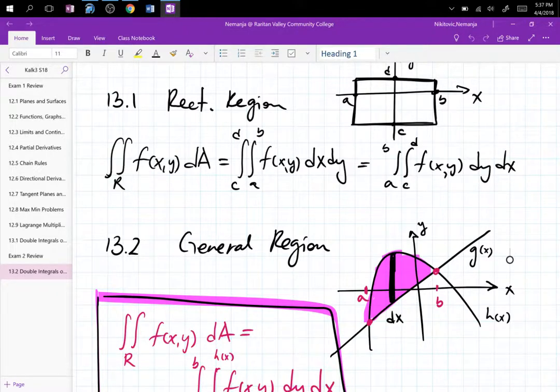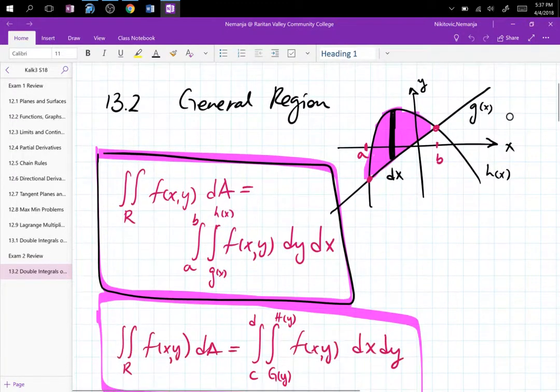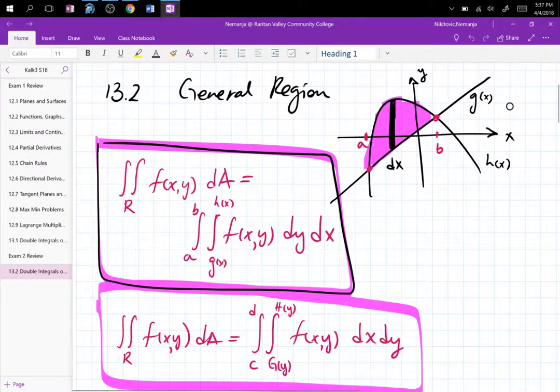Rectangular regions had all constants in the limits of integration, and now our general region, which is what we did last time, had the functions. And we said that we are going to look at either dx or dy to decide which way we are going to set up the integral.